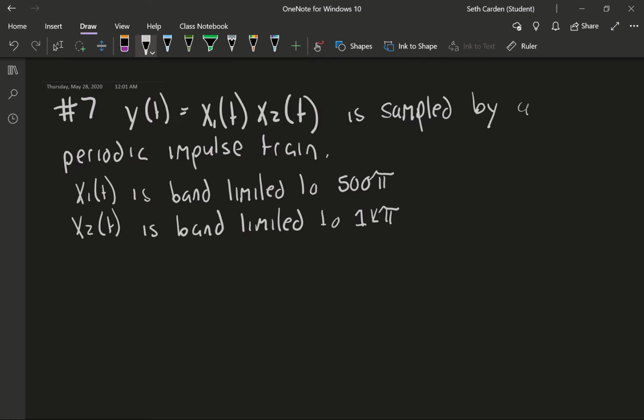So the first thing we want to do is think about y of t as a function of frequency. So by what we've learned so far, we know we can think about functions in the frequency domain by using the Fourier transform. So we have y of t, so let's find x1 and x2 of t in the frequency domain.